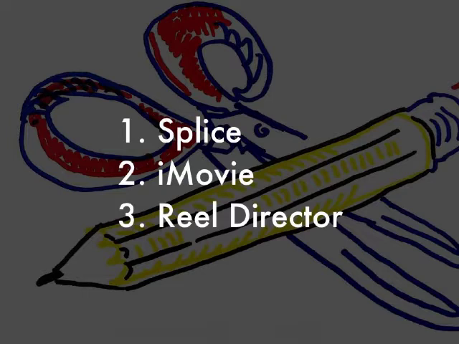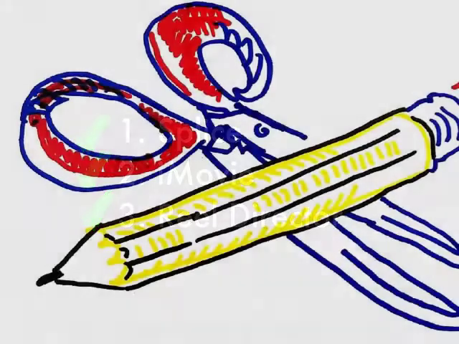Now, I used all 3. And I'm going to go into detail about the pros and cons of each in the next video. But I finally settled on using Real Director, which is what I've edited this video and the previous one on. Although I can see a reason to have all 3 in your arsenal as an iPhone video editor because they all have their pros and cons.